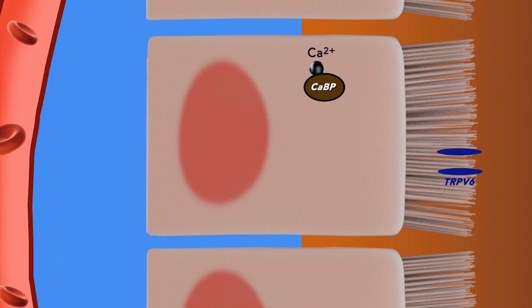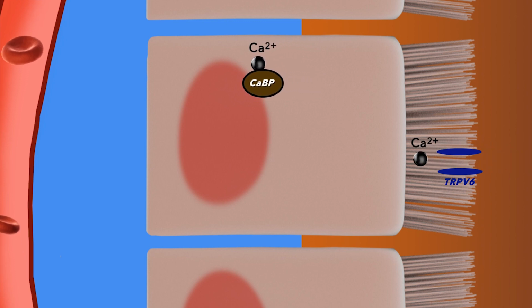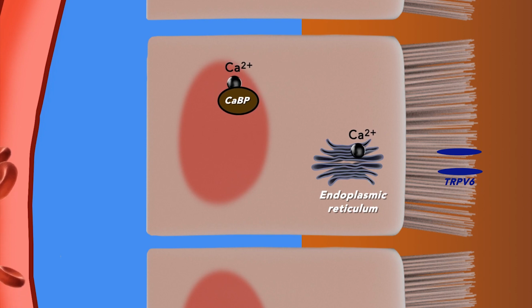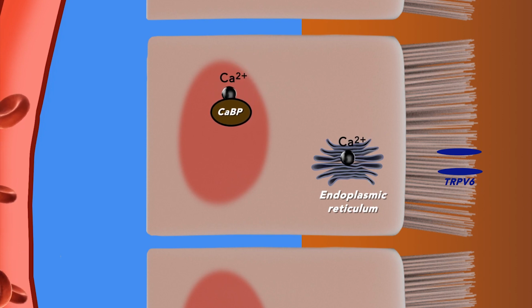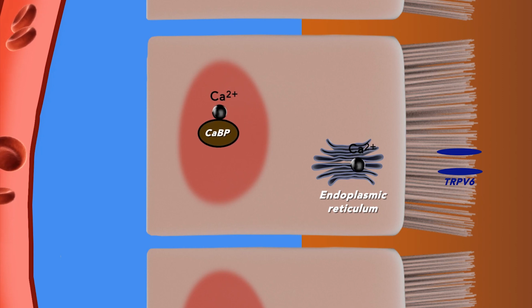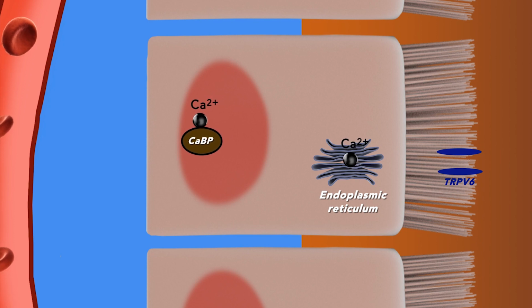Calcium binds to the cytoplasmic protein calbindin, which transports the cation to the basolateral side of the enterocyte. Calcium can also be introduced inside endoplasmic reticulum vesicles. All these processes avoid the presence of high concentrations of calcium in the cytoplasm, which would be cytotoxic.